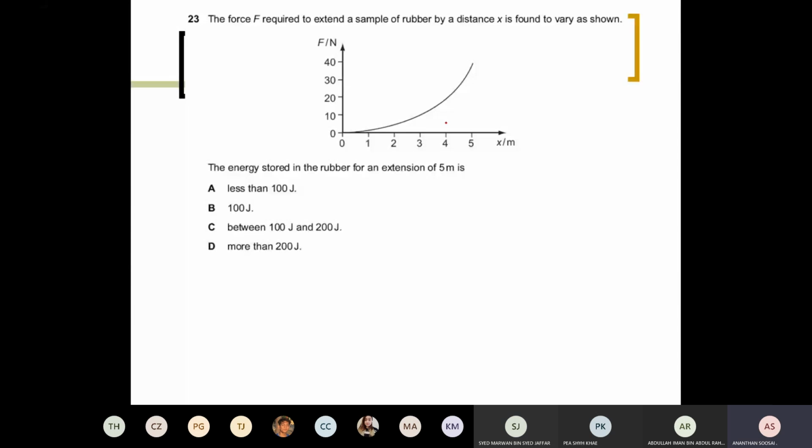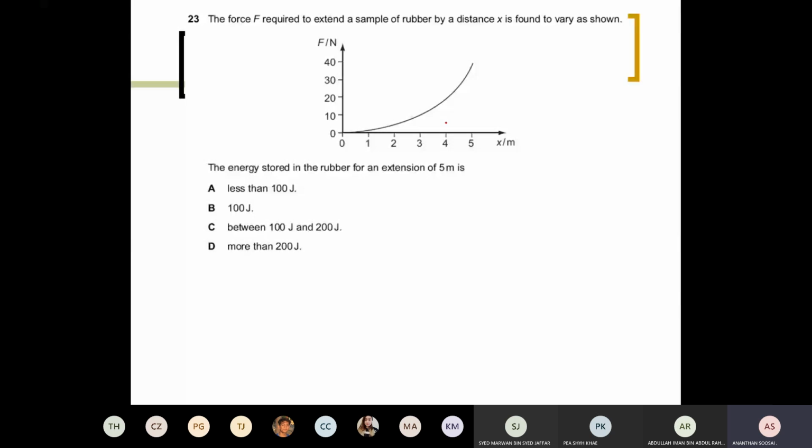The energy stored in the rubber for an extension of 5 meter is, so area under graph, right?